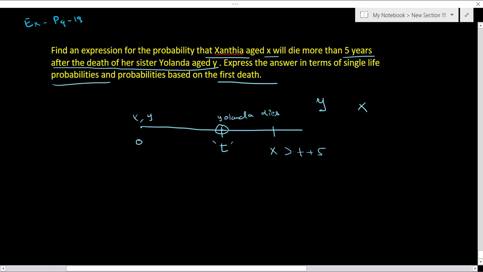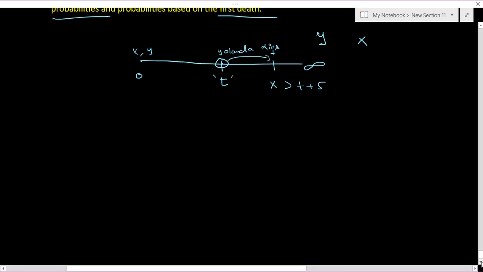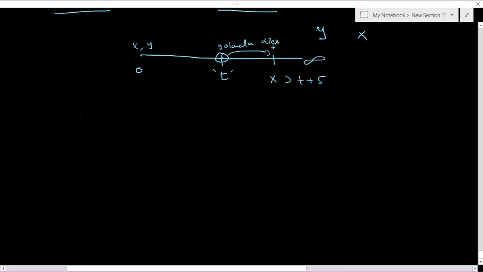I want Xanthia's death to be more than 5 years later than this, that is, I want her to be alive 5 years after the death of Yolanda. She has to live for at least 5 years after the death, and then she can die whenever she wants. Not under her control, but I won't care about it.